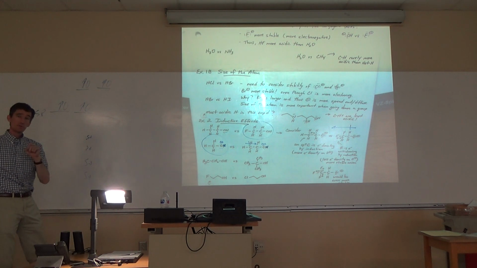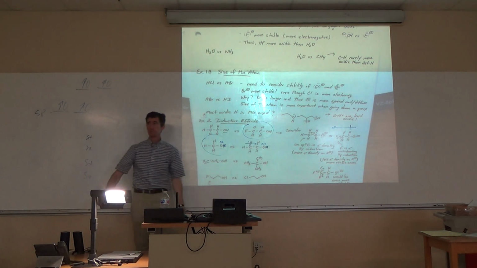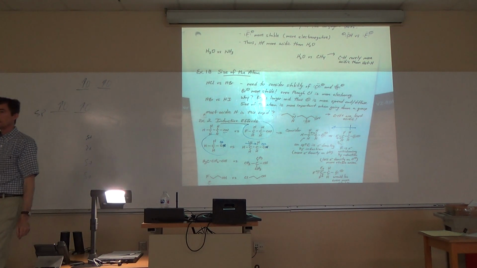Let me end here, we'll continue tomorrow, but let me ask you this question about these two here. Look at these two anions. Let's talk about bases for a minute. Which one of those would be the strongest base? The other one. Why? What's your rationalization? Yeah, it's less stable, but why does that make it a stronger base?